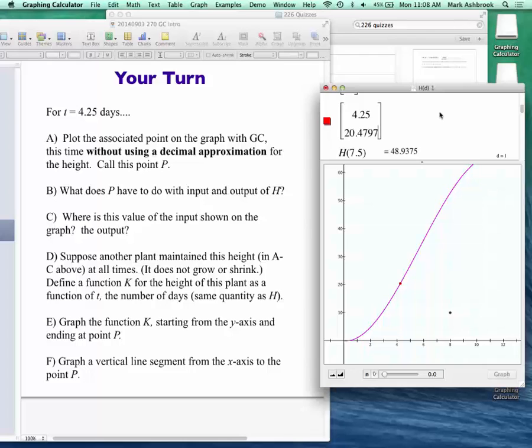There's the example, 4.25, and when I use the crosshairs, I get 20.4797. If I just plot those numbers that the crosshairs gave me, I get a point. It's close, but it's not truly a point on the graph. So how would I change this to truly make it the point on the graph that represents the days and height at 4.25?